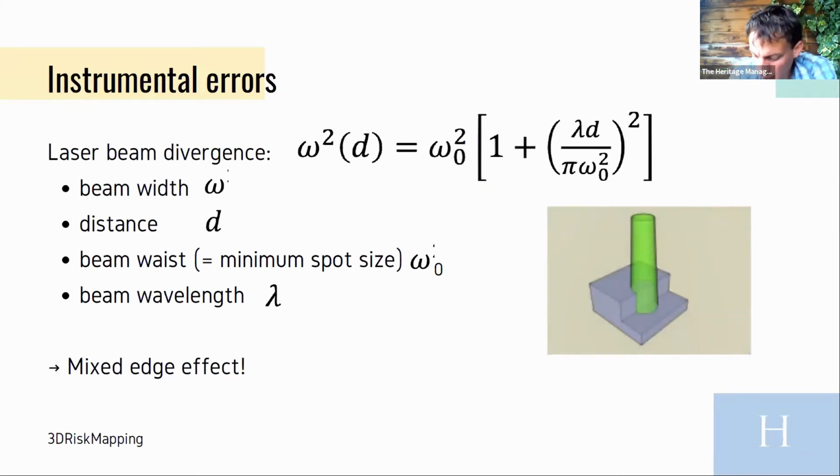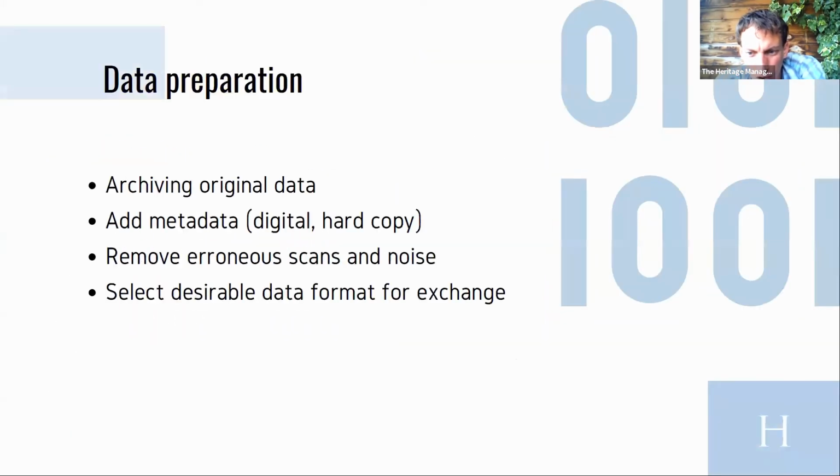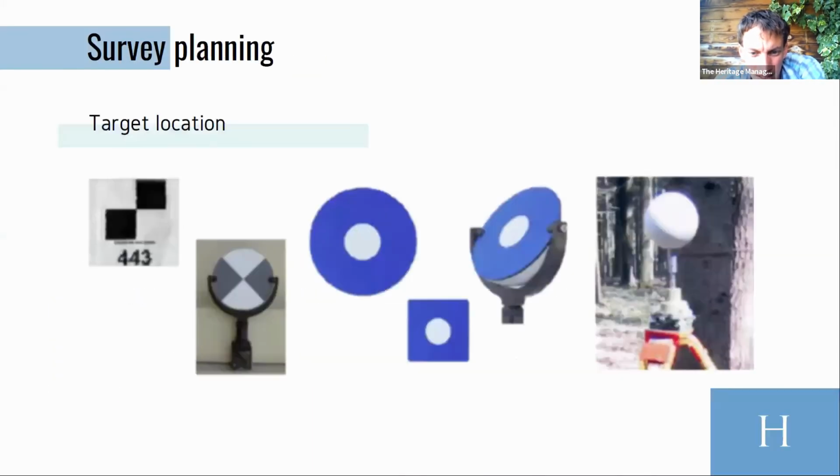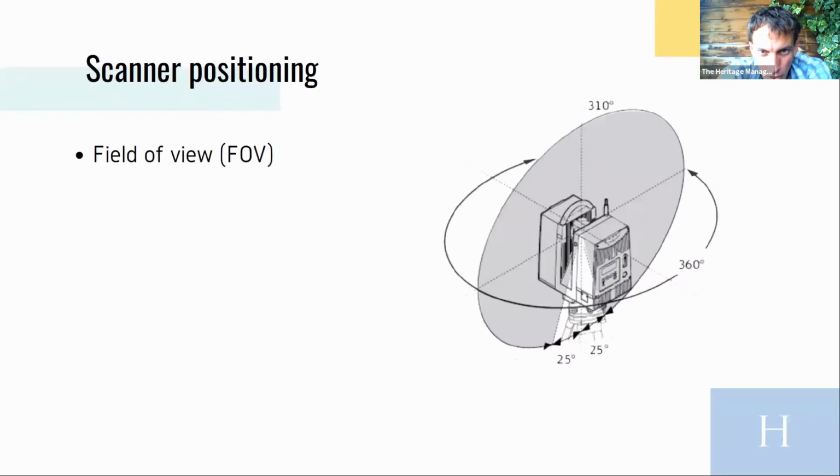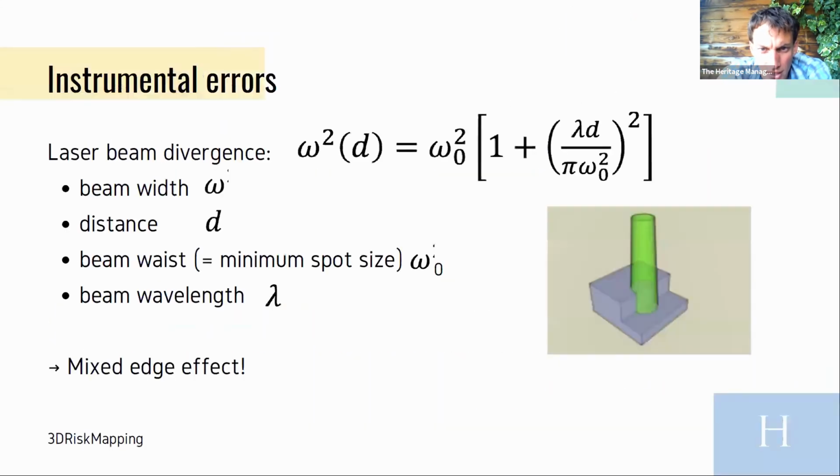Instrumental errors, I already said in one of the first slides, I will just go back to this slide here, that a laser pulse or a laser signal is not an infinitely small pulse or signal. It has a certain width, and this width will vary as a function of the distance from the scanner to the object, and as a function of the incidence angle.